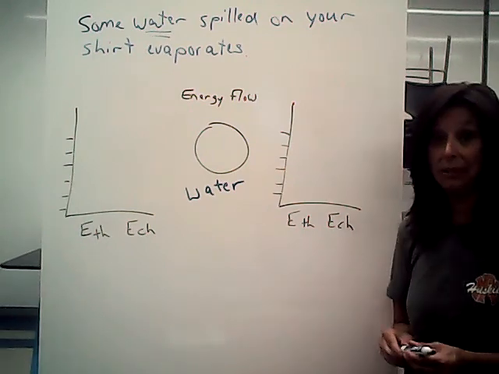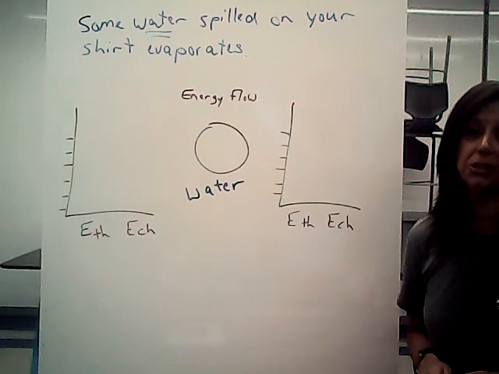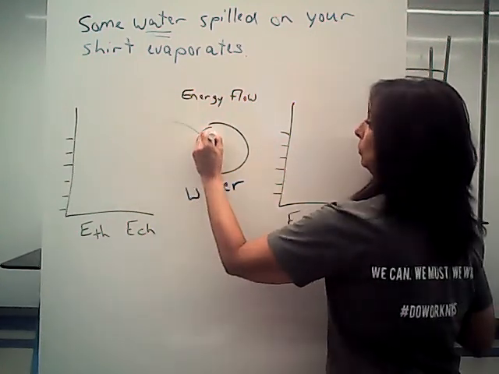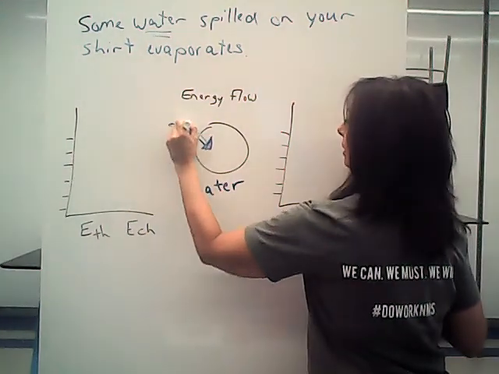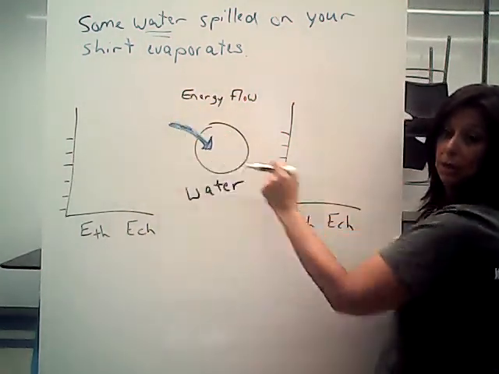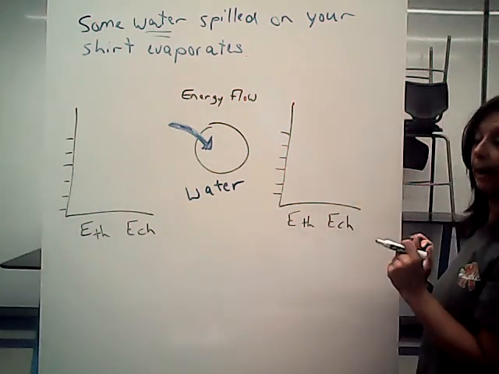So how do we represent that energy flow on the bar chart? It's real simple. We're just going to use an arrow. We're going to show that energy is going into the system, okay? So our little arrow shows energy flowing into the system in order for it to become a gas, okay?